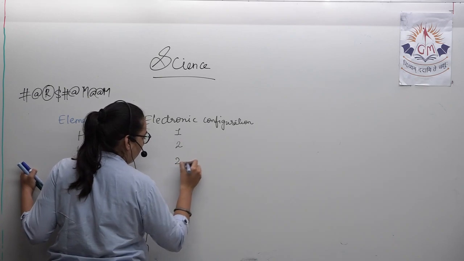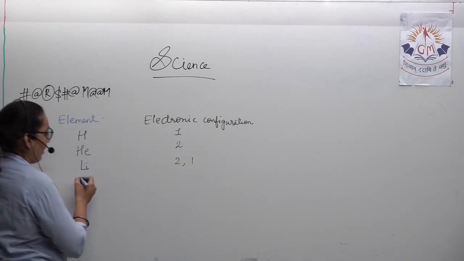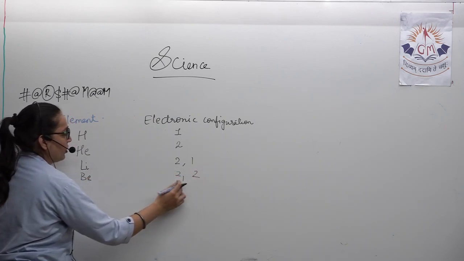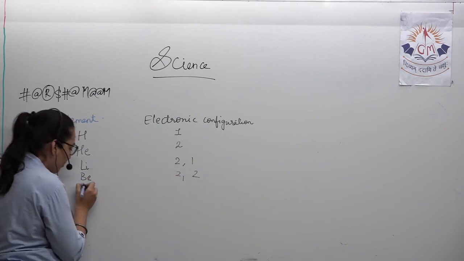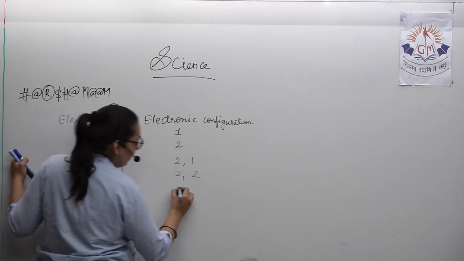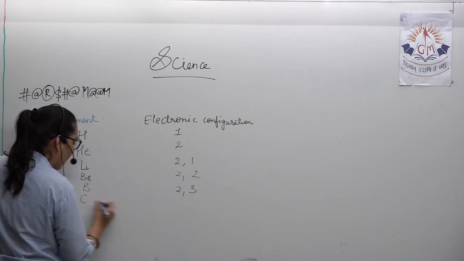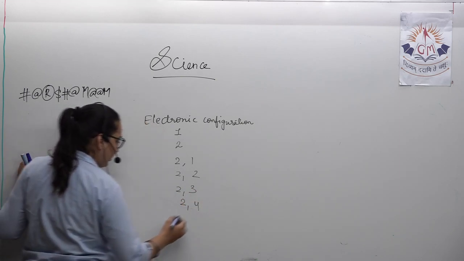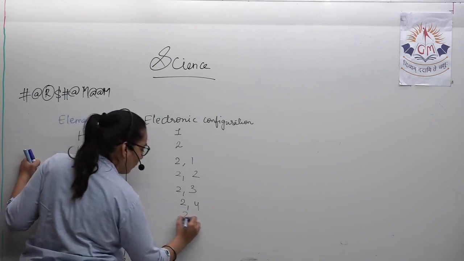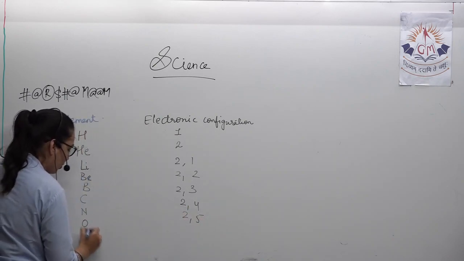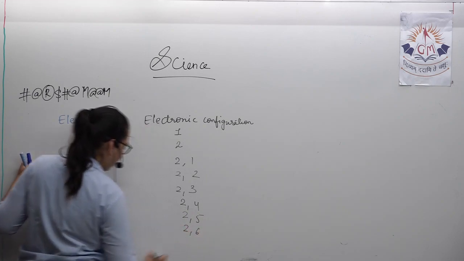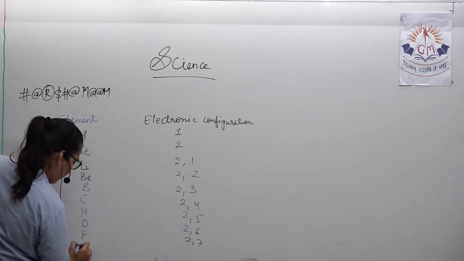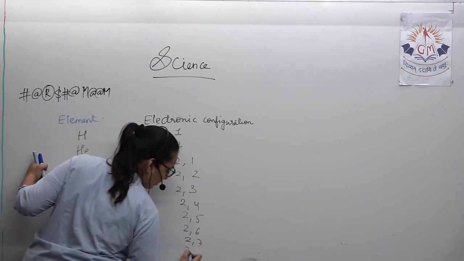Lithium, 2 1. Beryllium, 2 2. First 2 and the next also 2. Boron, 2 3. Carbon, 2 4. Nitrogen, 2 5. Oxygen, 2 6. Fluorine, 2 7. Neon, 2 8.